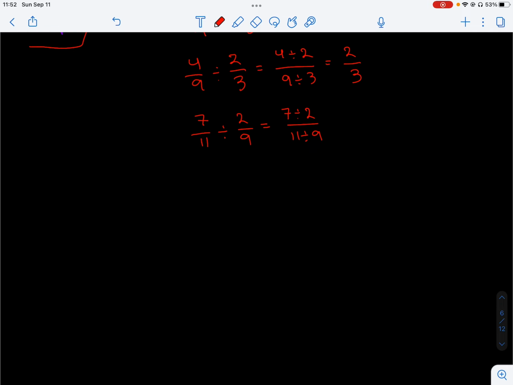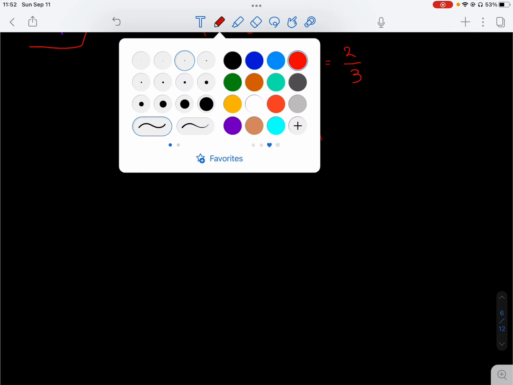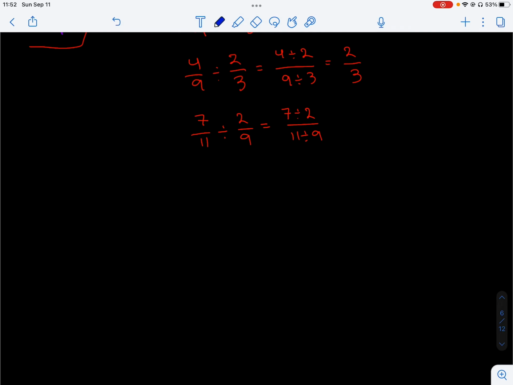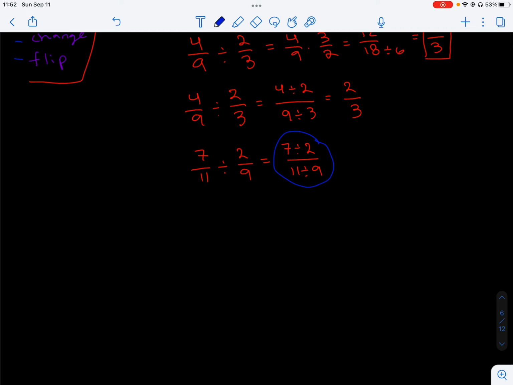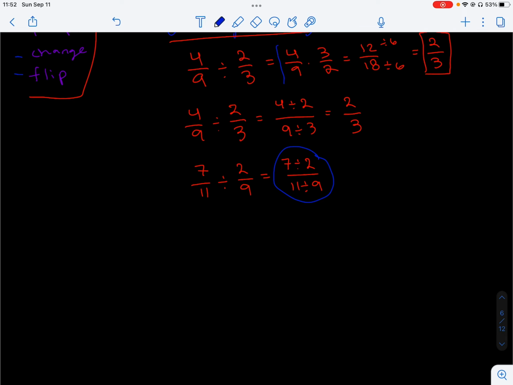What I want to do is a little exploration of making this guy turn into our desired keep, change, flip result of 4/9 times 3/2, because this is something that we can do dividing straight across.